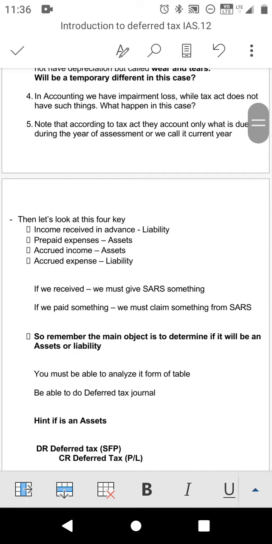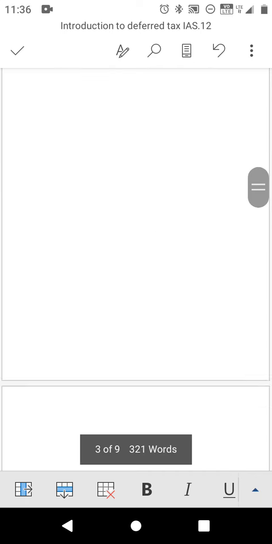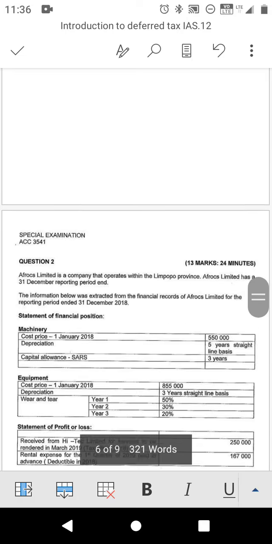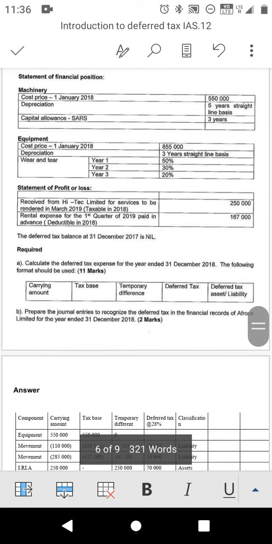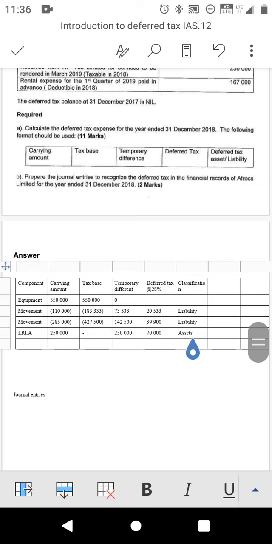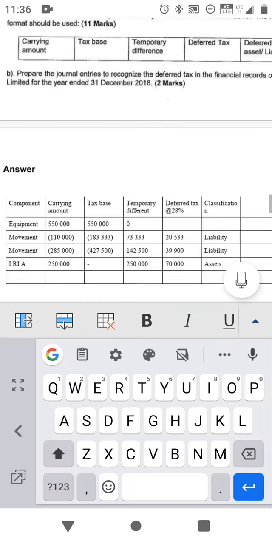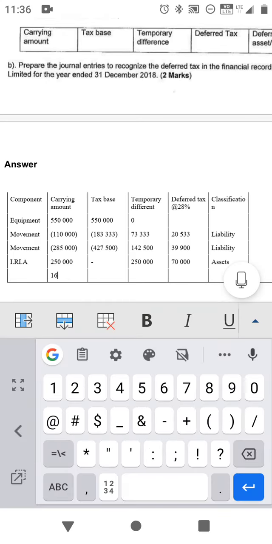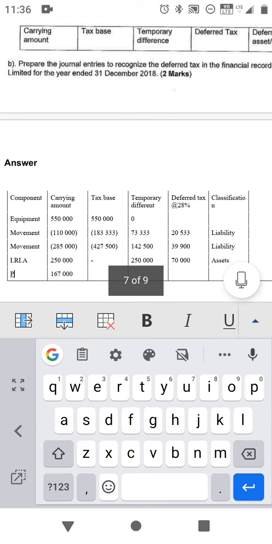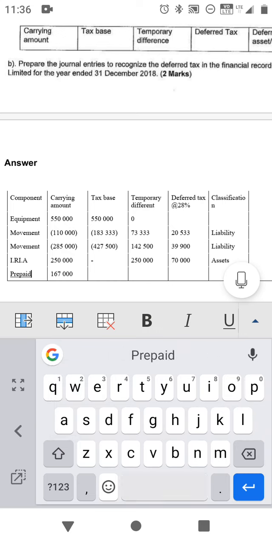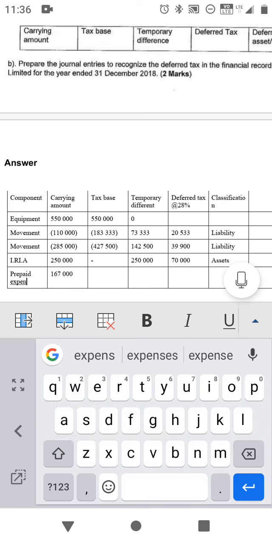If you still remember, prepaid expense in a normal transaction is an asset. Simply means that when we go to deferred tax, it will be the opposite. 167,000 prepaid expense.